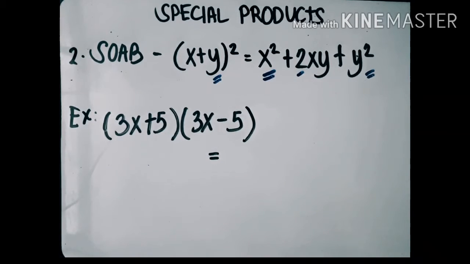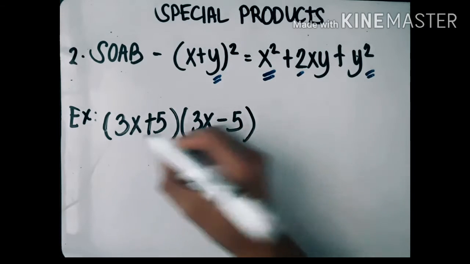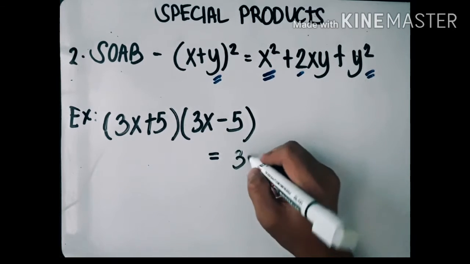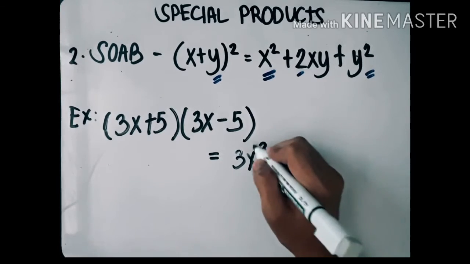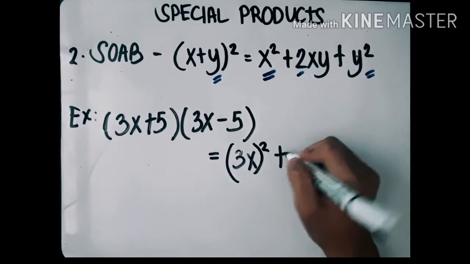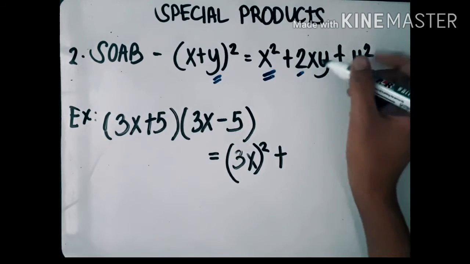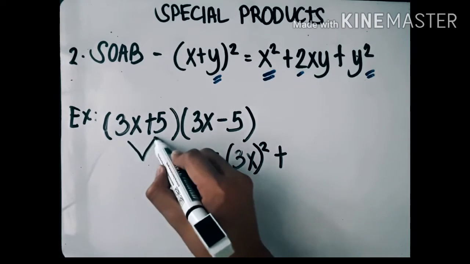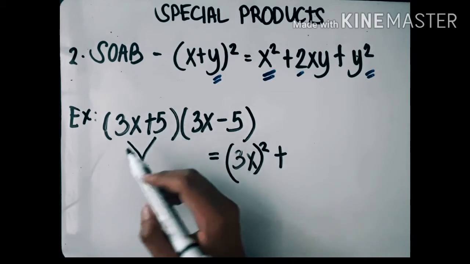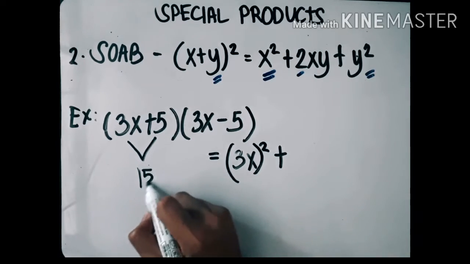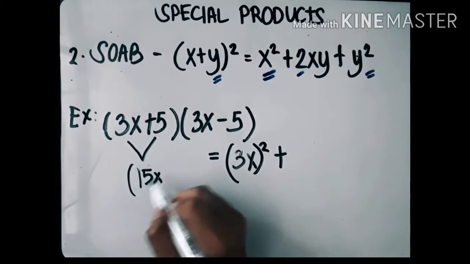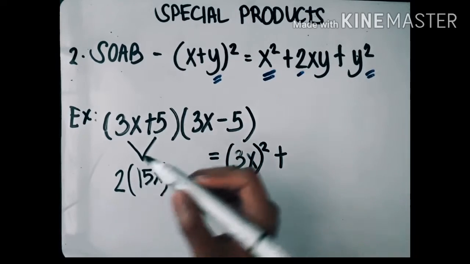How about 3x plus 5 multiplied by 3x minus 5? First, square the first term again. 3x square plus twice the product of x and y. So, multiply natin. 3x times 5 is 15x. Multiplied. Twice natin siya by 2.